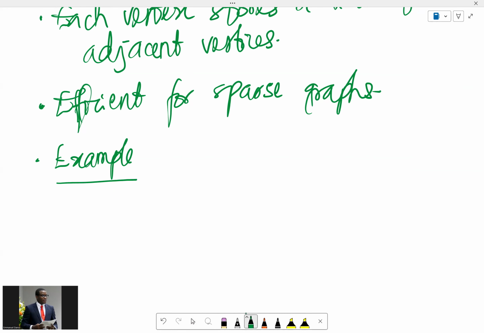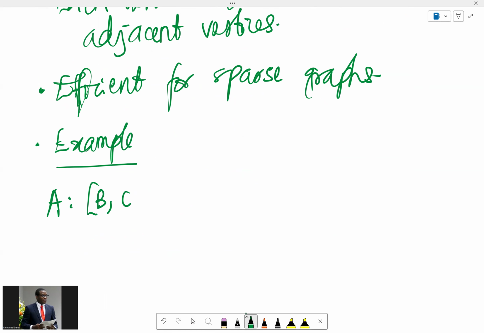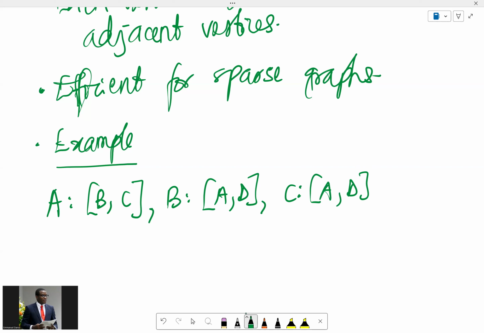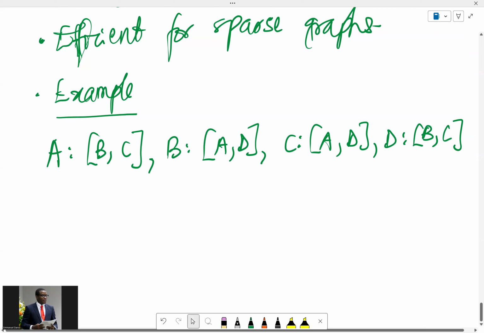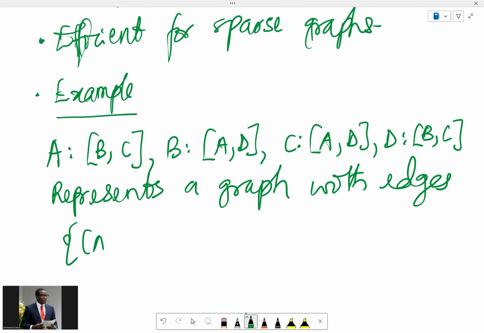If you represent a graph by using its adjacency list, imagine there's a vertex A and the adjacent vertices are B and C. Then B has adjacent vertices A and D. Then C has adjacent vertices A and D again. And D has adjacent vertices B and C. So this represents a graph with a collection of edges AB, AC, BD, and CD.